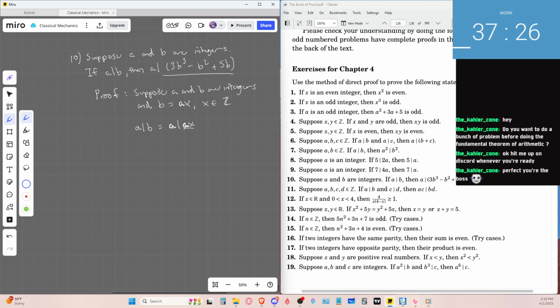Can we turn the X into something involving B? Yeah, I don't know how to start this one. If anyone in chat has any suggestions, feel free to give me a hint if you think it will help me at this point.